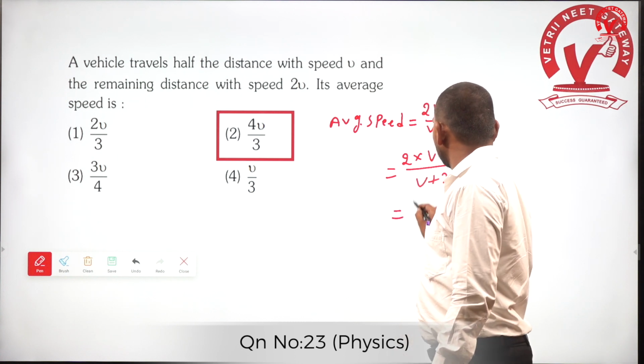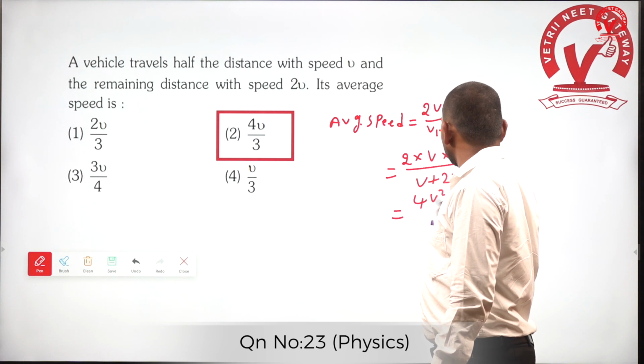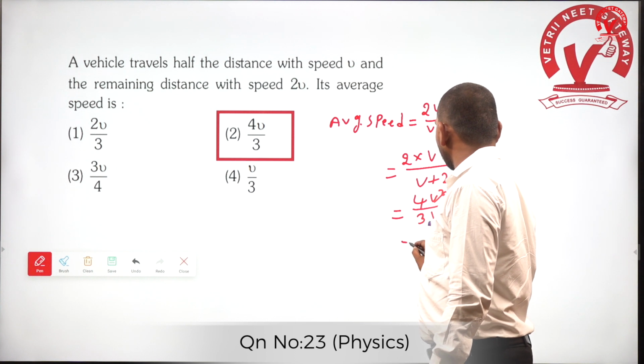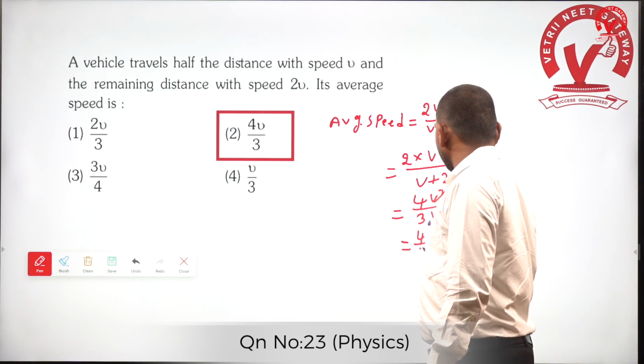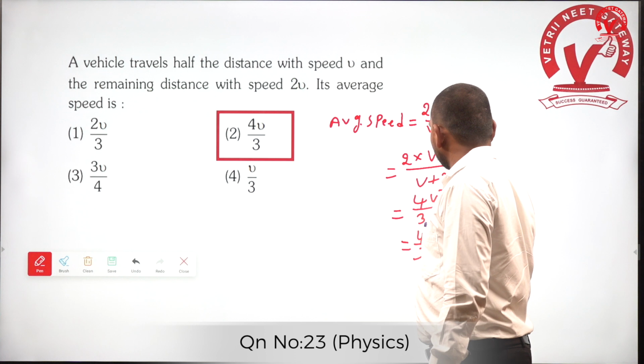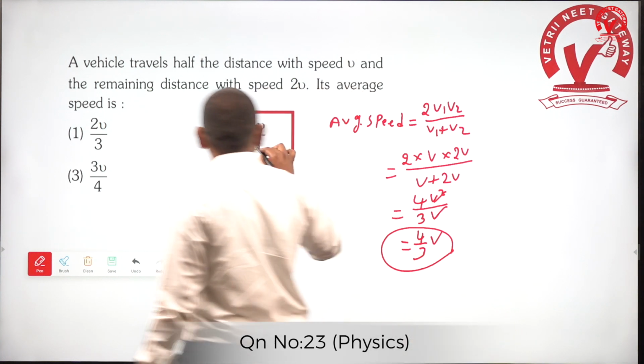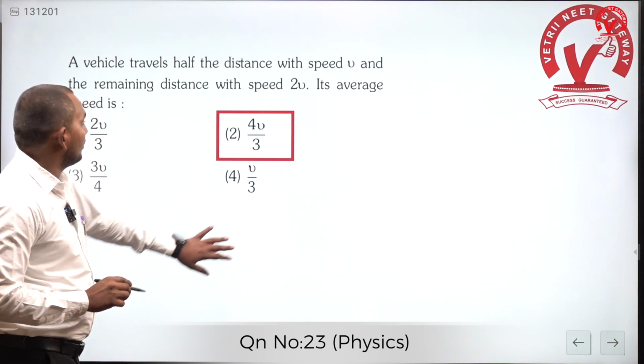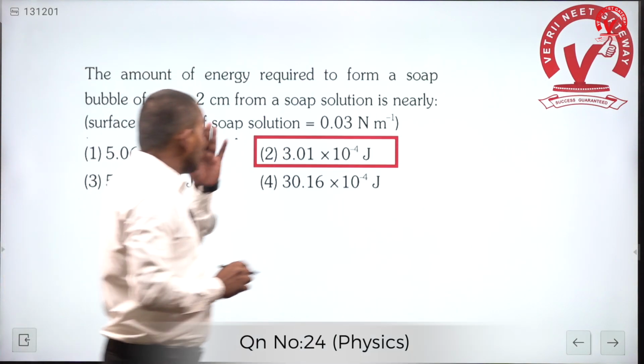So this is total 4v square divided by 3v, one v getting cancelled, 4 by 3 into v. Option 2 is the correct one. We'll move to the next one.